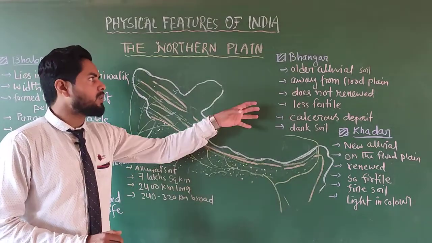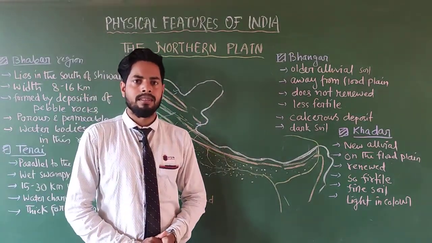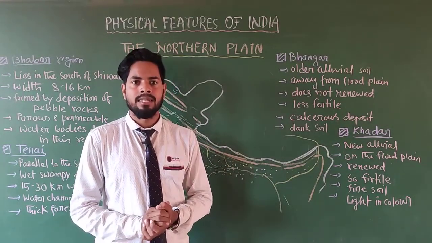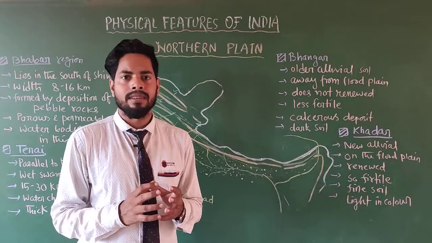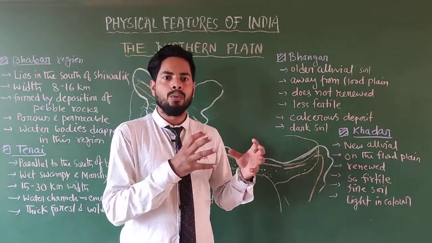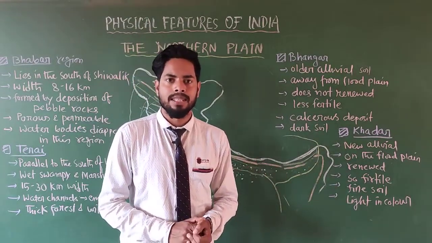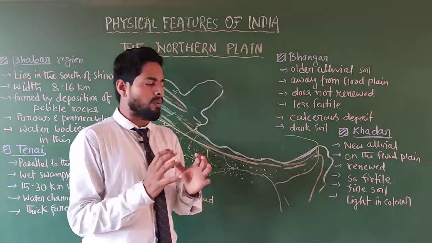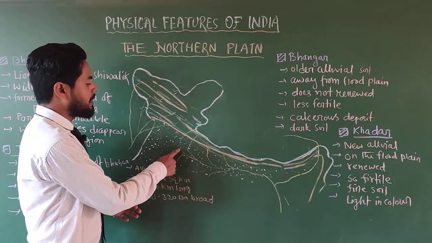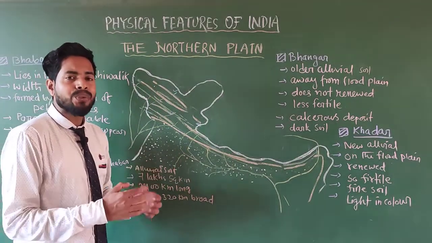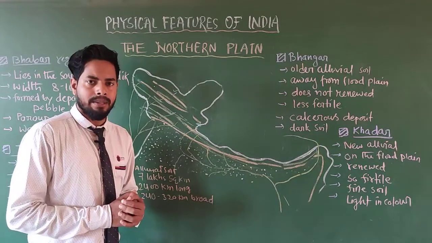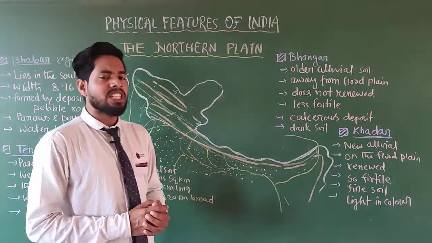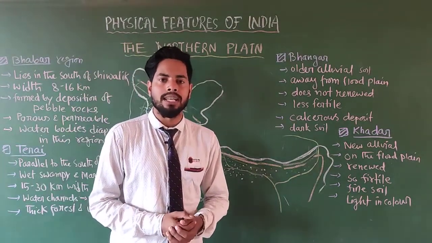Now we talk about the Bhangar region. It is different. The Bhangar region is old alluvial soil. It is found away from the river, so far from the main river, and it is not renewed throughout the year.